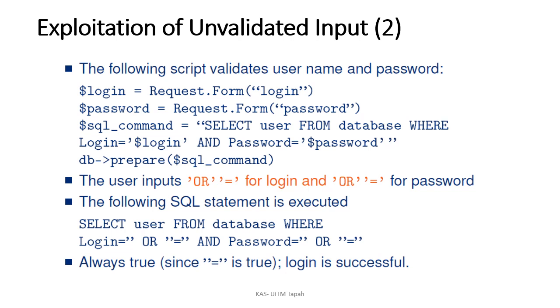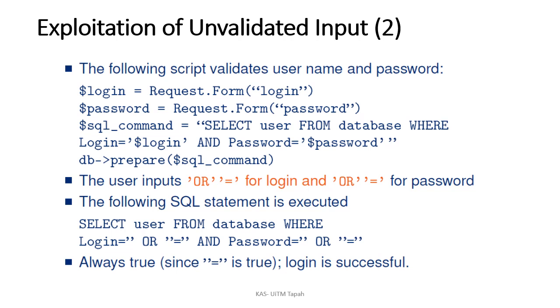So what the user can do adalah, they use the exploitation of unvalidated input ni. Dia ada 'or' equals for the login, and 'or' equals for the password. So what happens is when your SQL statement is being executed, they select the user from the database where the login 'or' equals and the password 'or' equals. Since equals is true, the logic is successful.